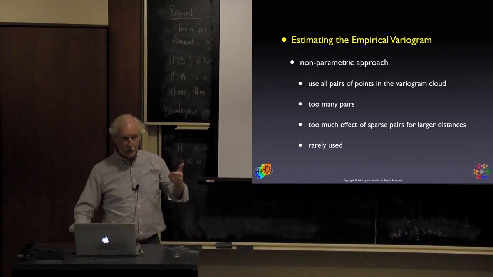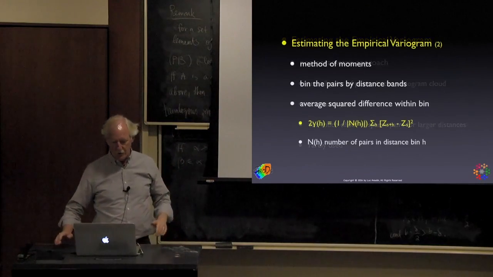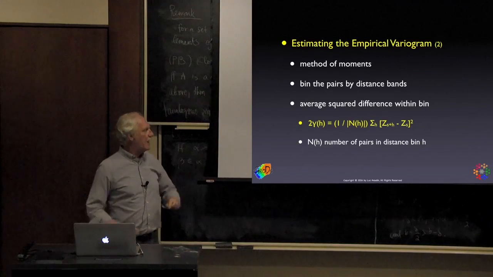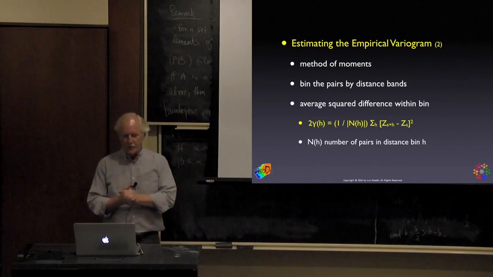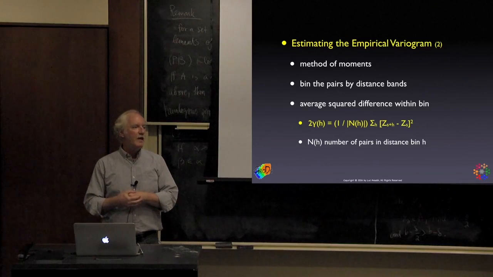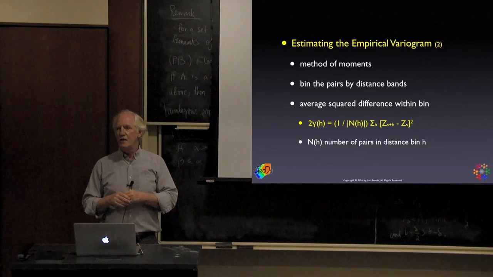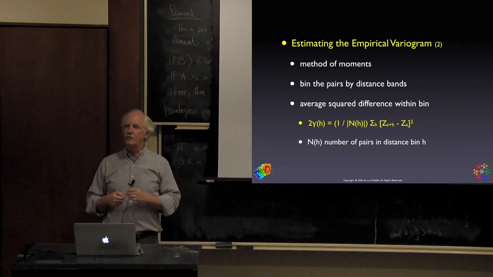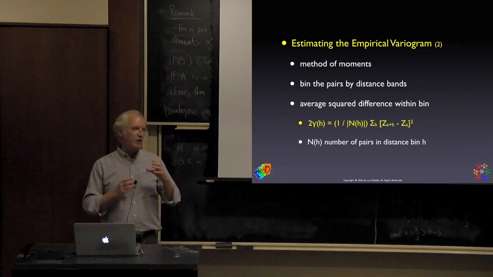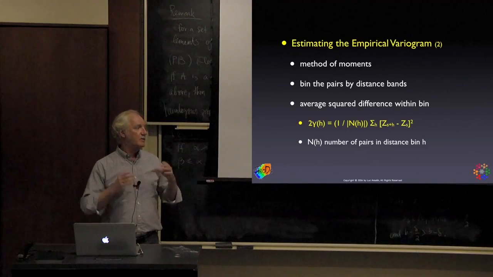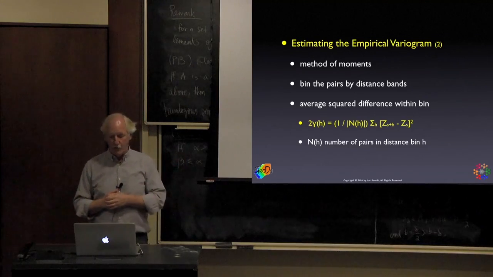Some software does, but it's not recommended. It's really technically a method of moments estimator, where you estimate the variogram by the average of the square difference for all the observations in a given bin. So it's the same rationale as what we've done before.